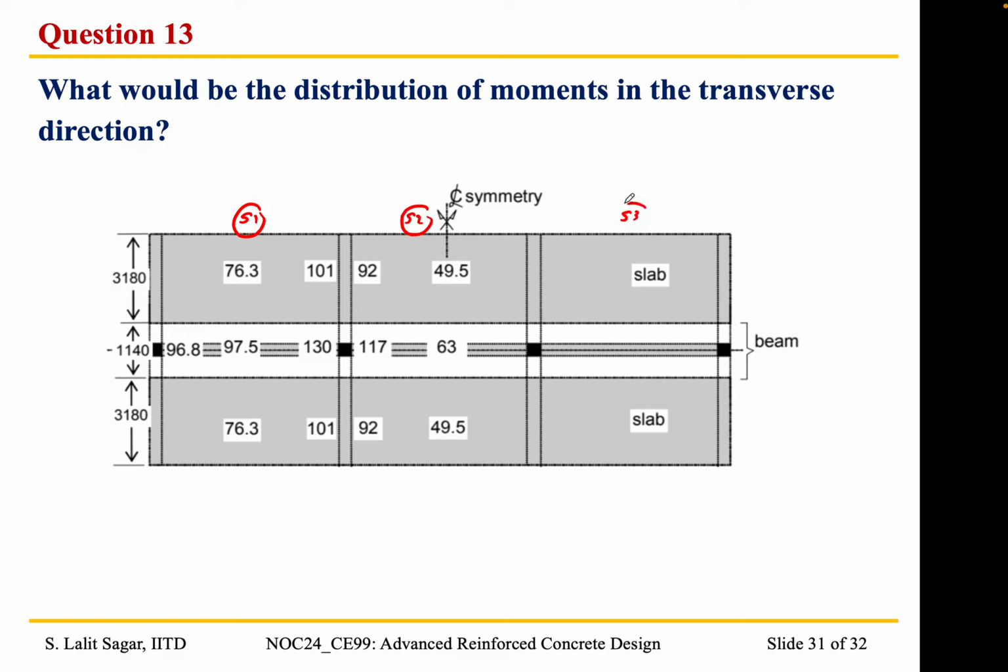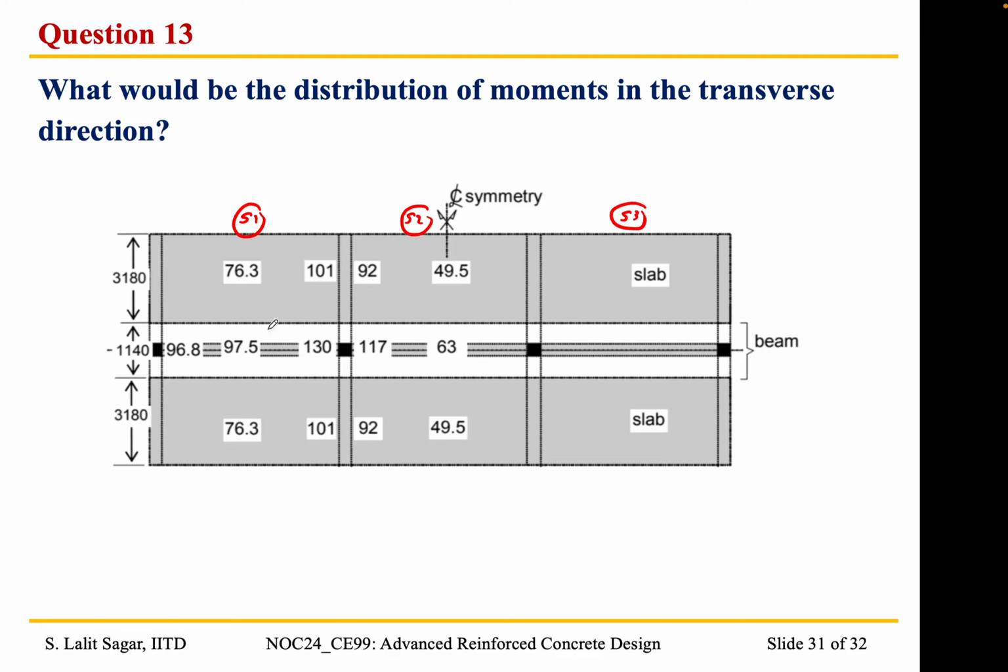Both the panels S1 and S3 are exterior and S2 is interior, and basically we are considering a symmetrical section because whatever analysis results are obtained over here are applicable for the mirror image also. So we have reported only one side of the problem.